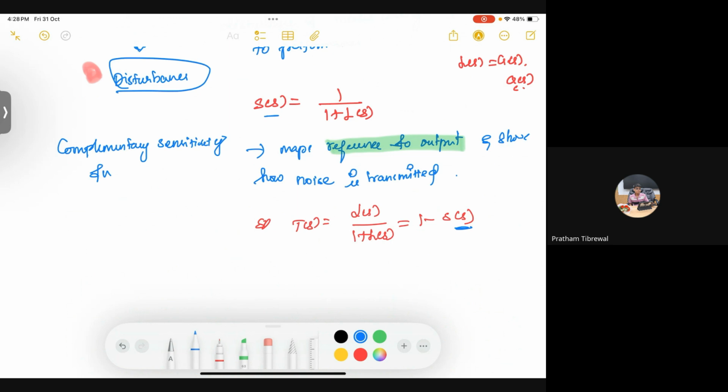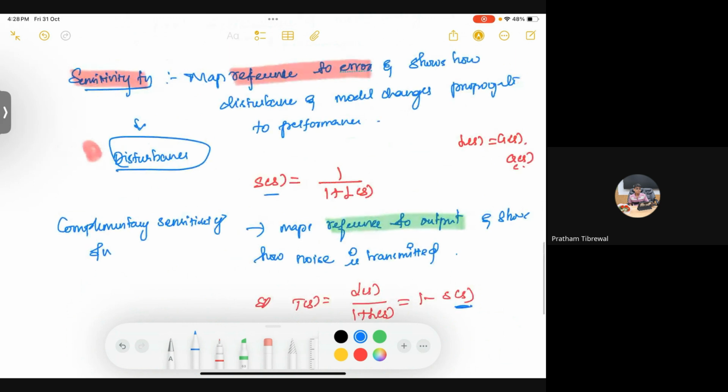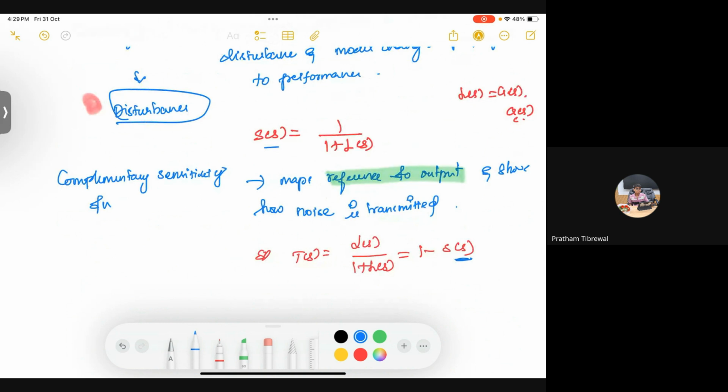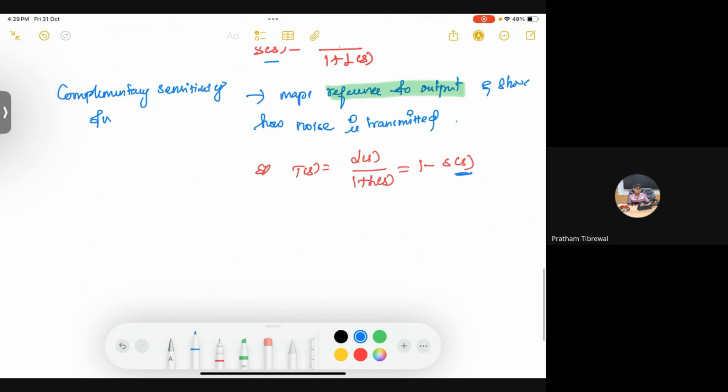So whenever some disturbance is acting upon a system, if we want to see the relationship between the input and the error, how the performance is being propagated, then it denotes the sensitivity function. How the reference or input to output, the performance changes, then it refers to the complementary sensitivity function. I hope this is clear.